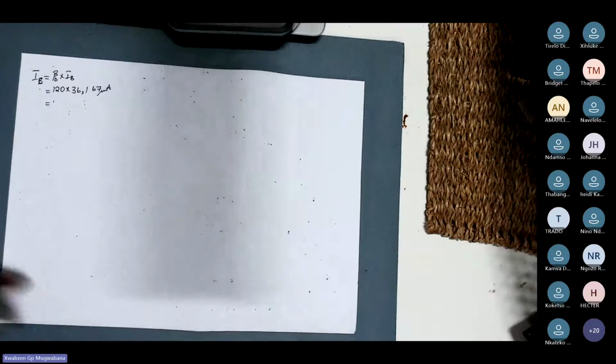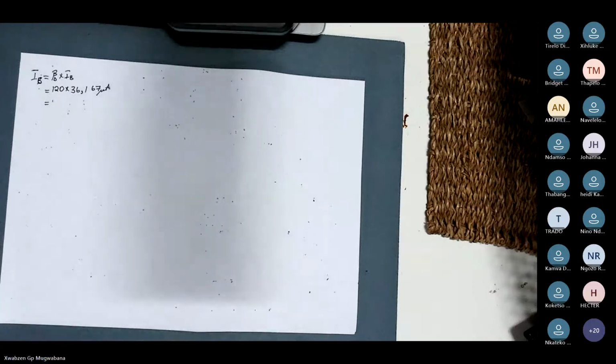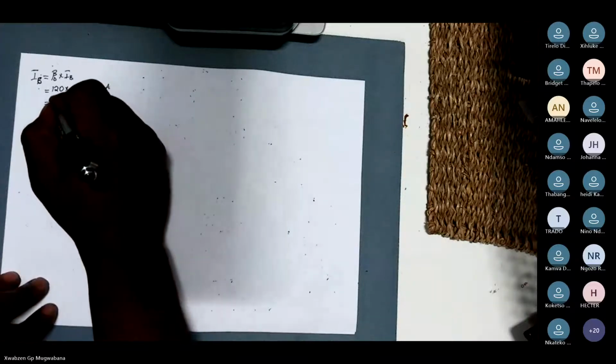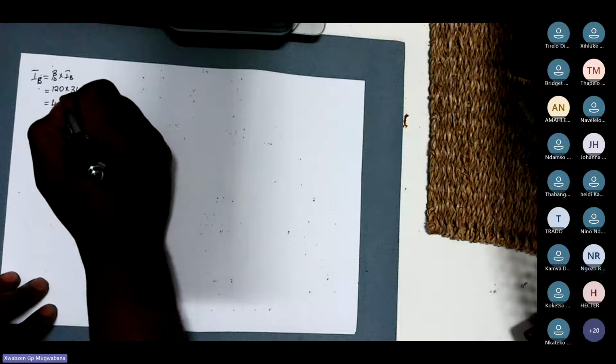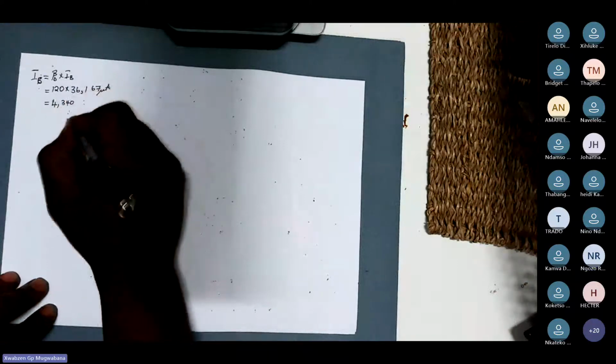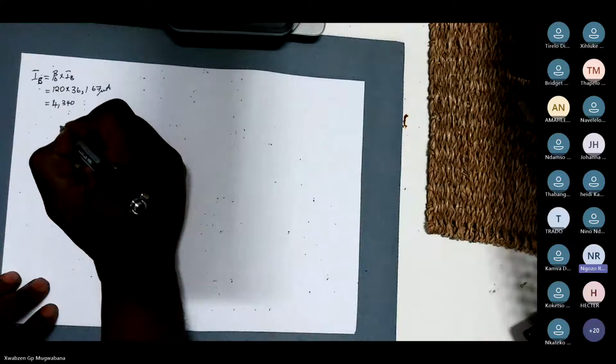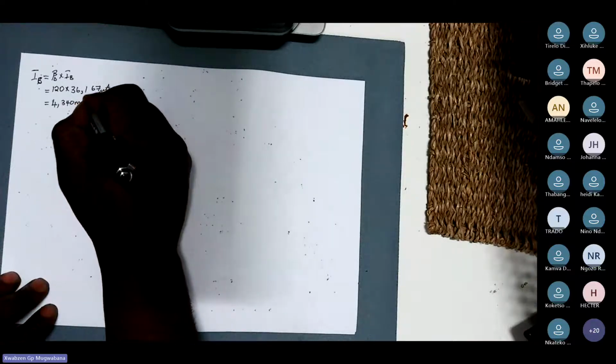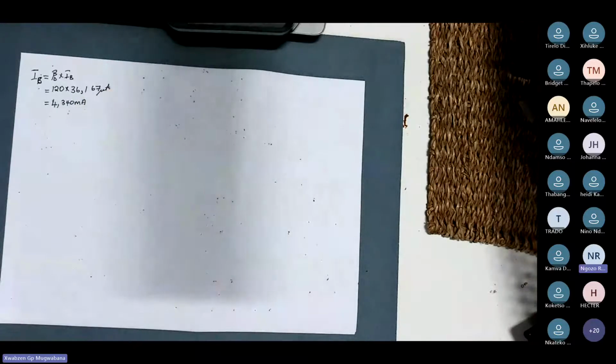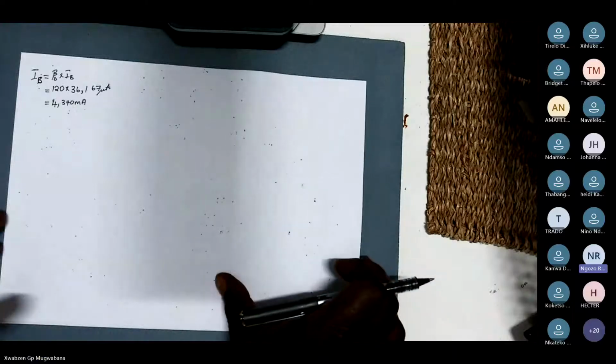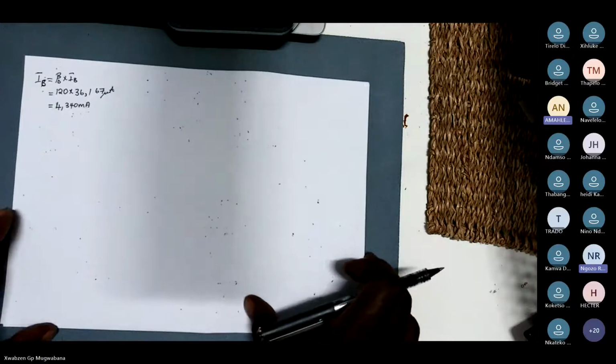That gives me what? 4,340 milliamps. Any seconder? Yes, sir. She's correct. Good.